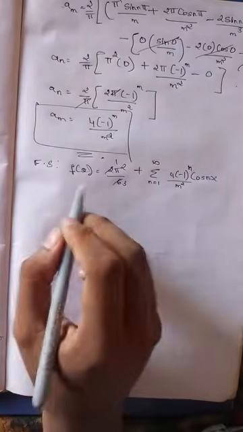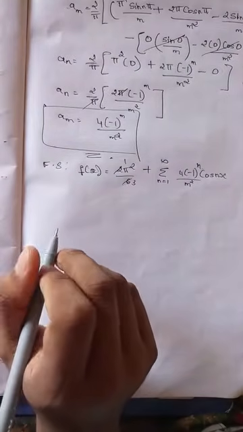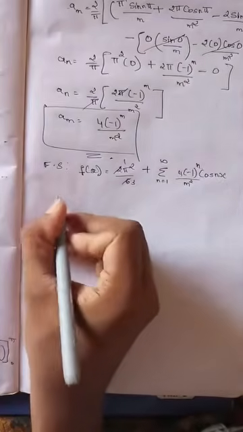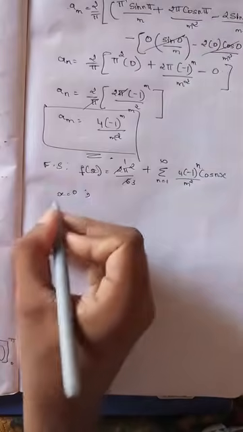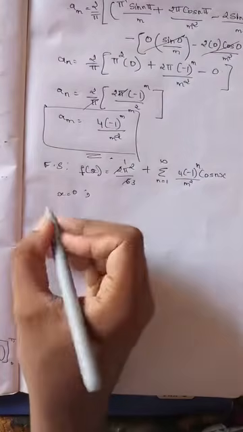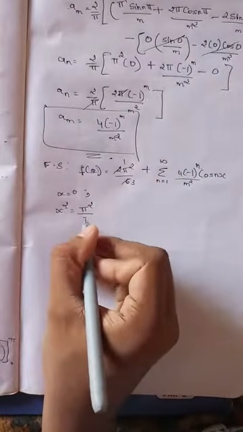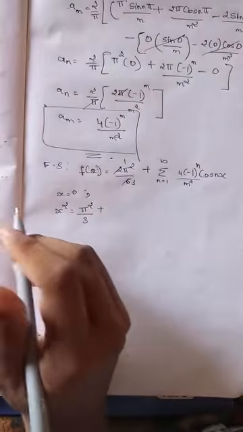So now after this we need to do the proofs. The first case proof is we have to put x equal to 0. That becomes f of x function. We know that in the question it's given as x square. Substitute it. Pi square by 3. We need to remove this summation and split the functions.